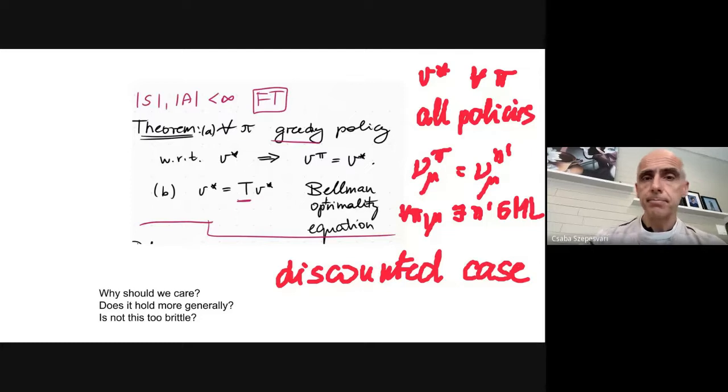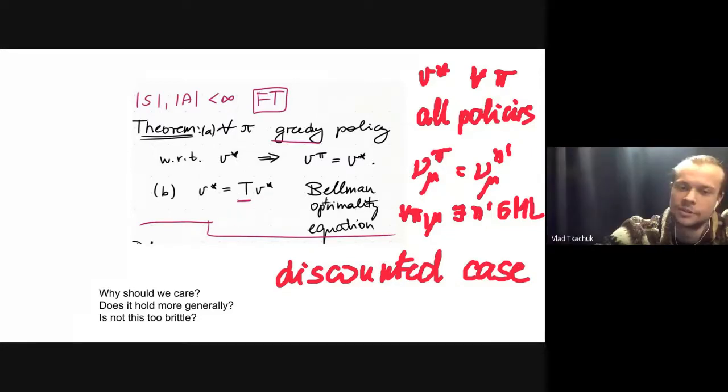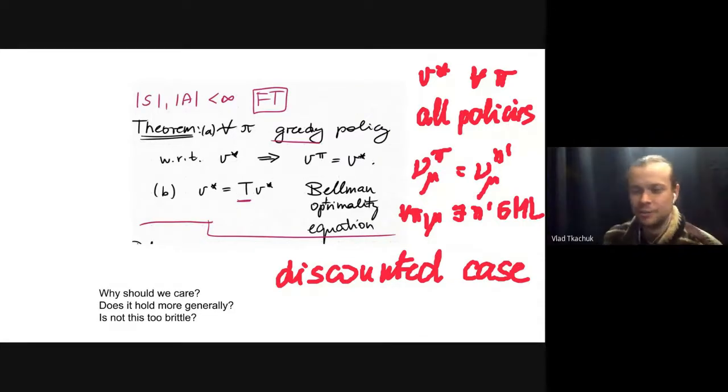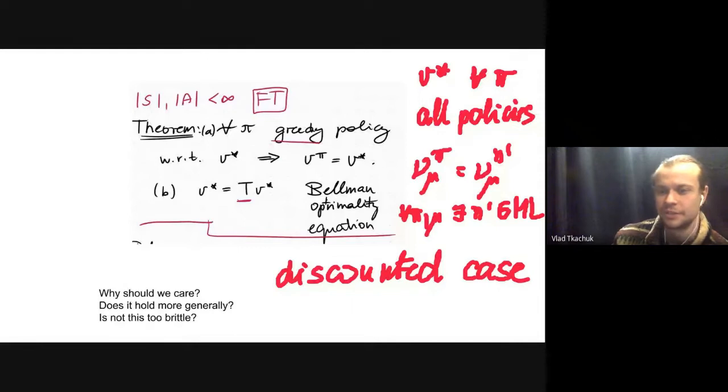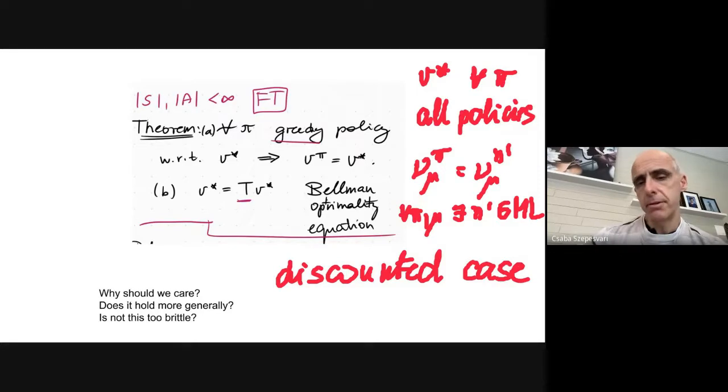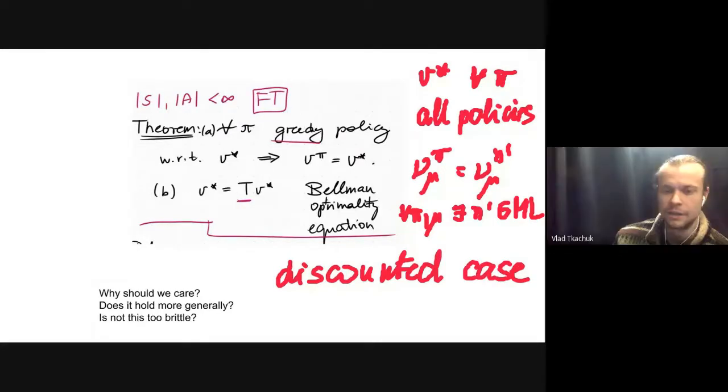Hey Csaba, I just wanted to ask something that you started off with earlier. You mentioned there were these three settings: the infinite horizon with discounting, the infinite horizon without discounting, and the finite horizon without discounting. And there's also average reward.